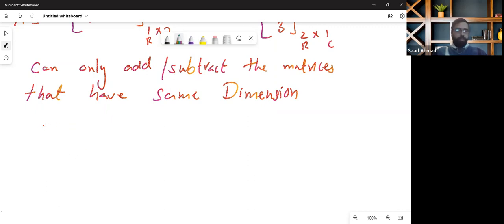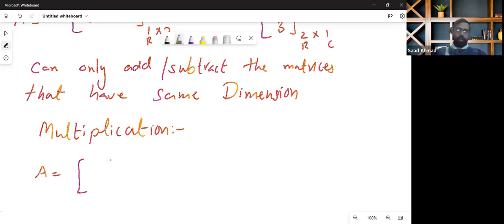Okay, the next thing that comes to mind is the multiplication. Matrix multiplication is not as simple as regular multiplication.